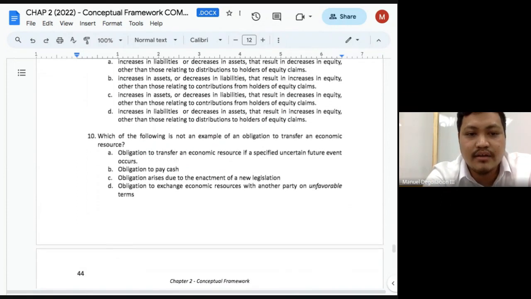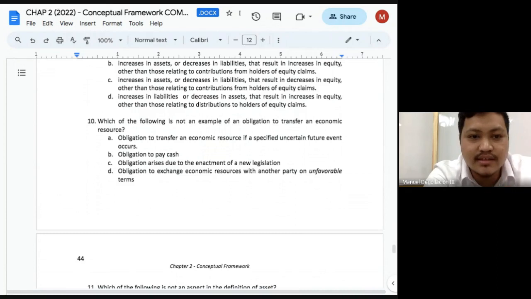Number 10, which of the following is not an example of an obligation to transfer an economic resource? The question may not make sense, class, but the best answer here would be letter C. As discussed in the framework, class, the enactment of a new law should not automatically result in a new obligation.